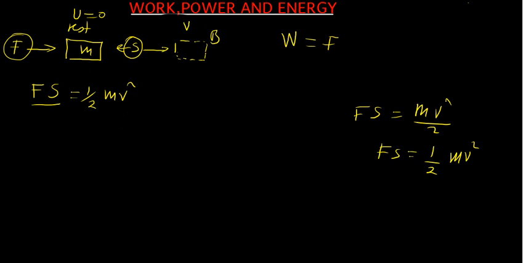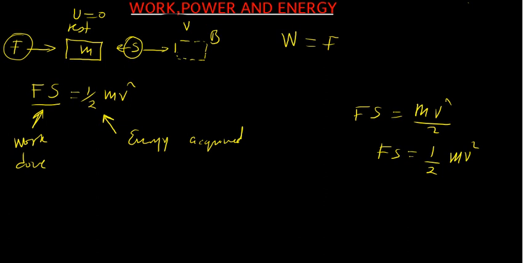So what we are saying is this which we can see here is the work done, because we said work done is given by the applied force times the displacement. And then this, half mv squared, is the energy acquired by the mass to move from rest to do that kind of work.